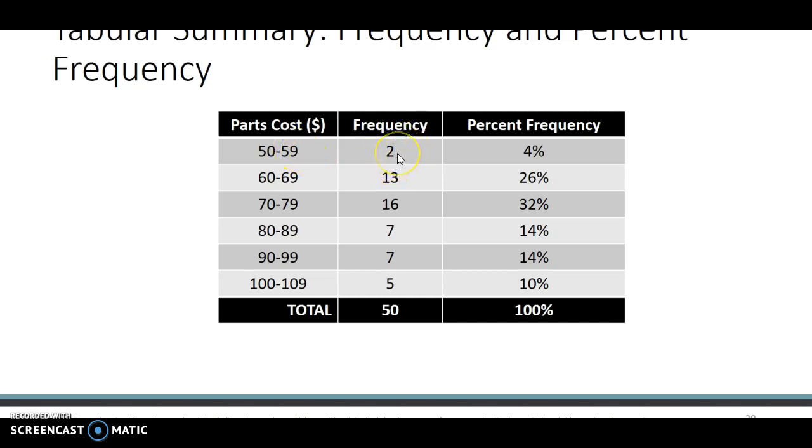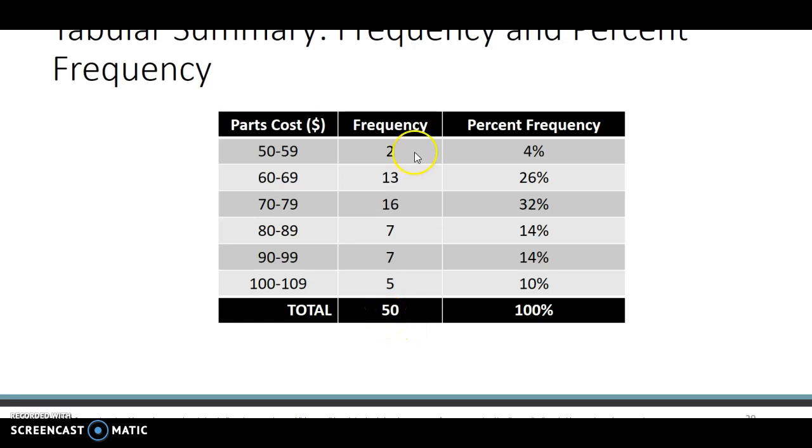We call that 2 the frequency, the number of times it occurs. The next class, 60 to 69, we could go through this data set. We find out that 13 parts cost between $60 and $69, and we do that for all of the parts on that chart.